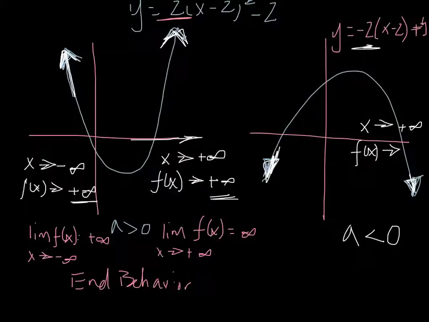How you denote down is negative infinity. On the left side, my x is going more and more and more left, and my y values are going down, which we denote as negative infinity.